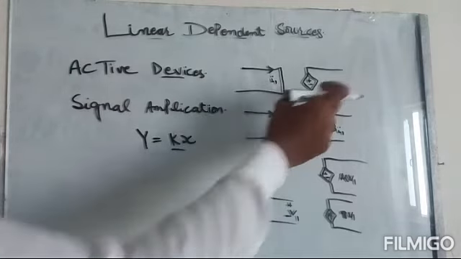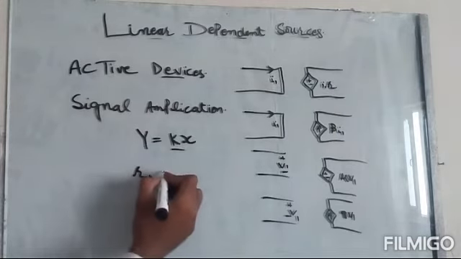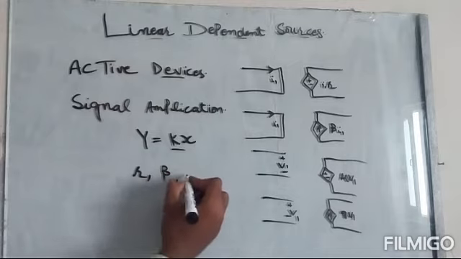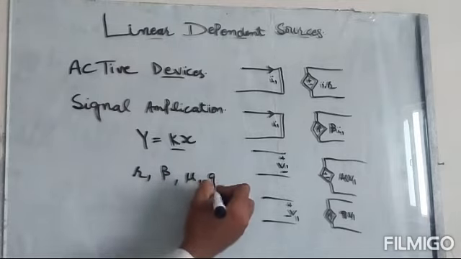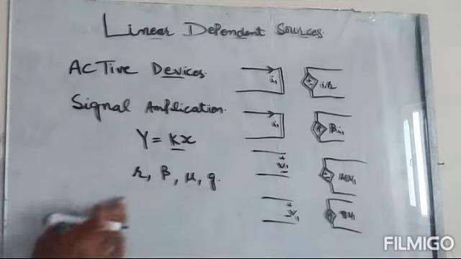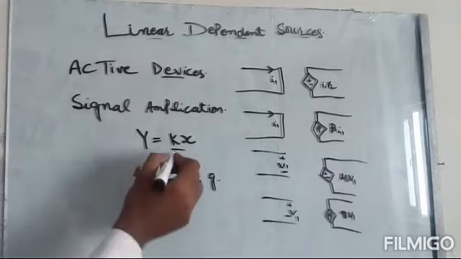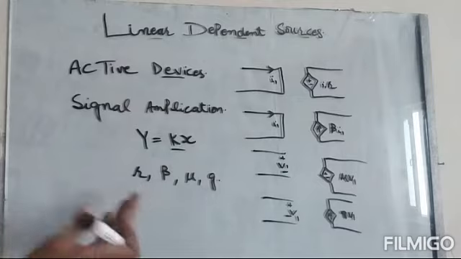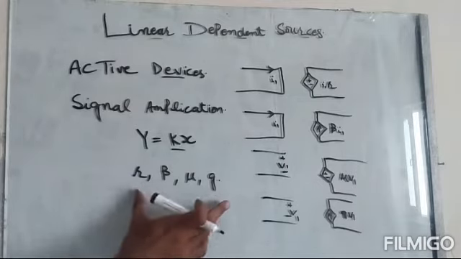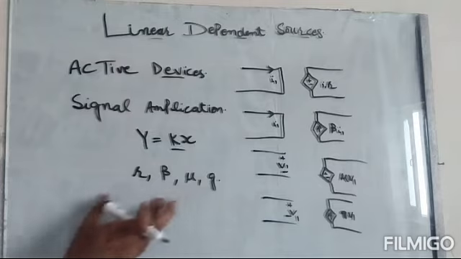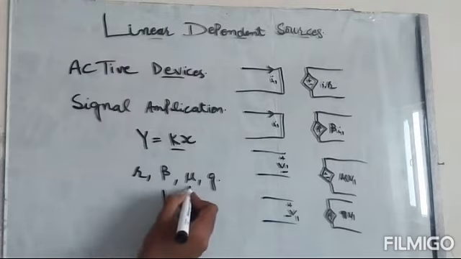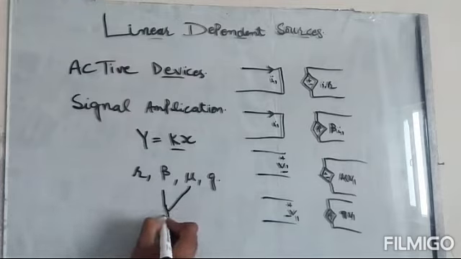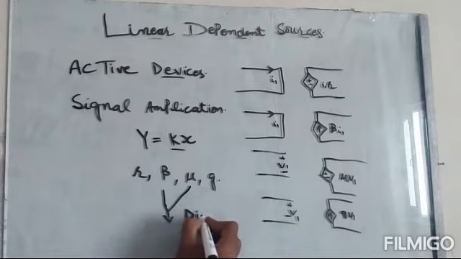These parameters R, beta, mu and G are the gains of our circuits. These are the proportionality constants of our circuits. We will call them the gain of our circuit. Of these four gains, beta and mu are dimensionless quantities.